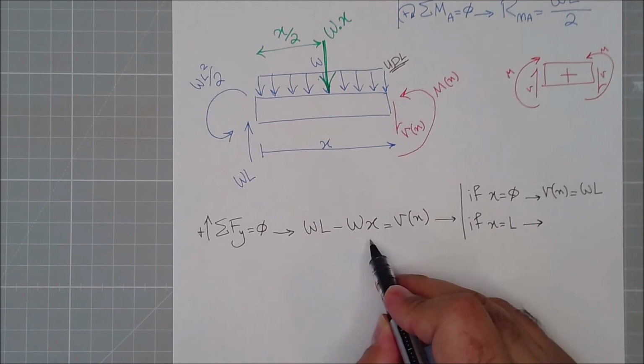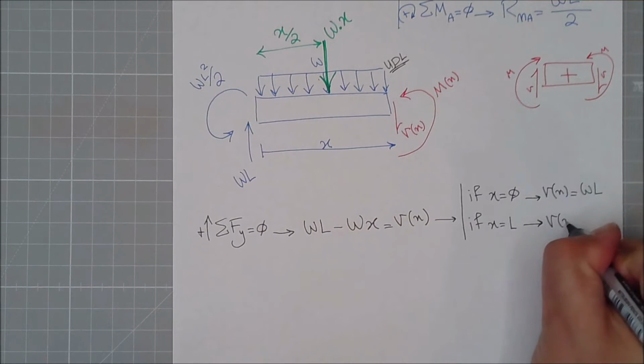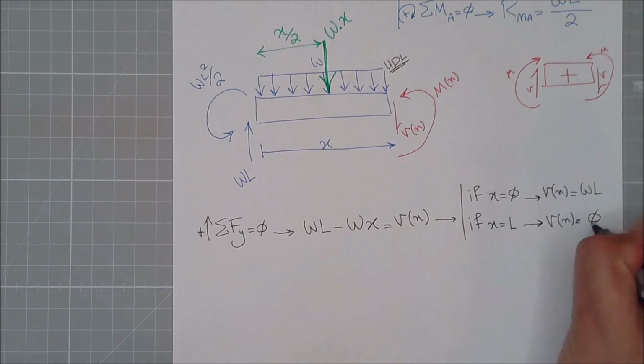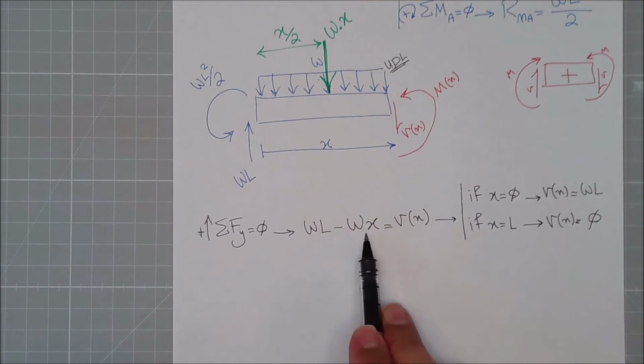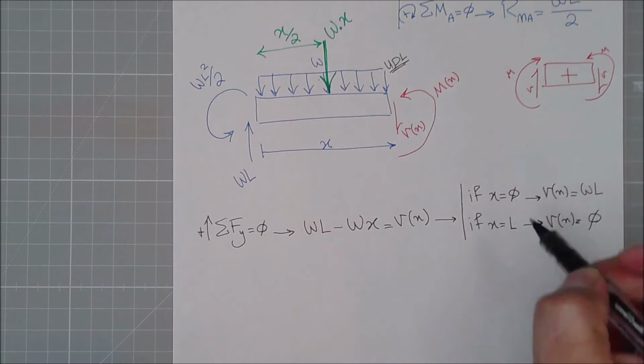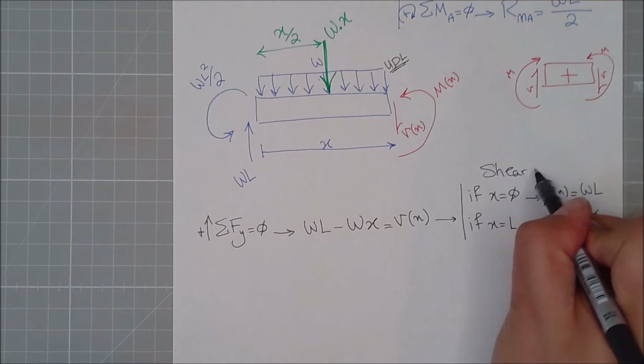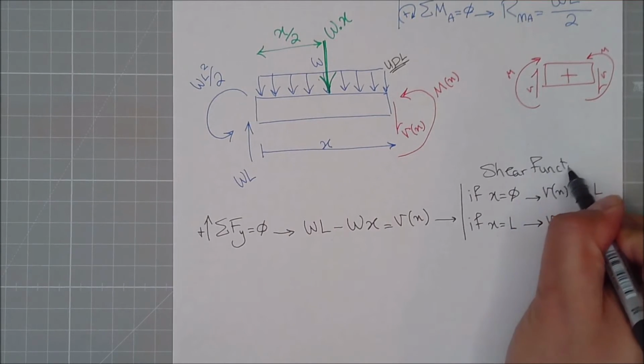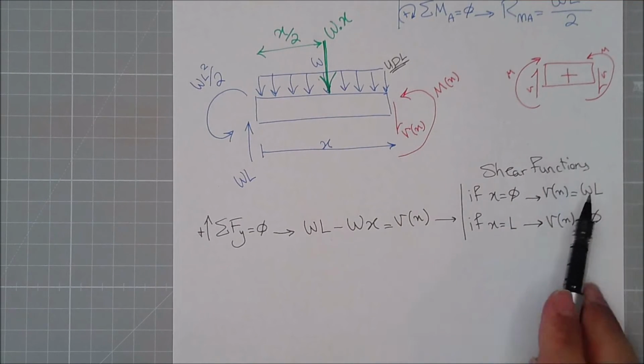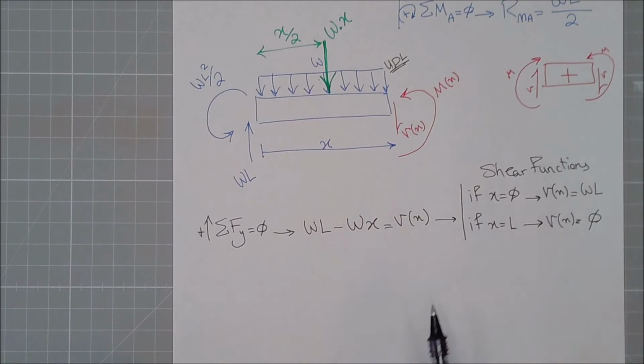If I put L here, my Vx will become 0. WL minus WL equals 0. Okay, we got the shear function. So these are the shear functions, as well as the values at the critical points.